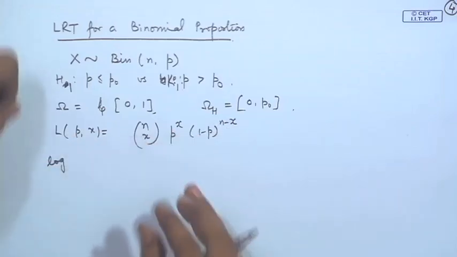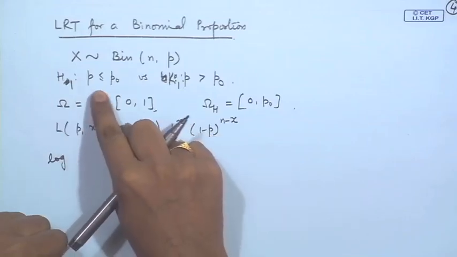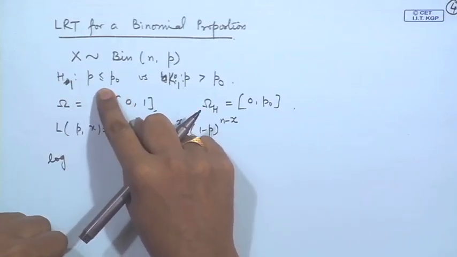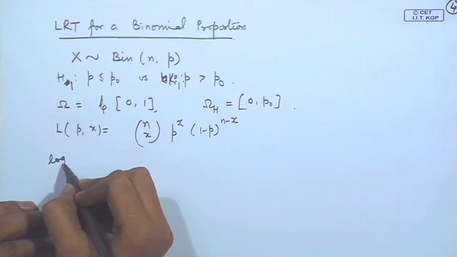We have actually discussed in detail the maximum likelihood estimator for this problem. So, derivative and putting equal to 0, all those things are the standard. However, when we consider the parameter space under the null hypothesis, then we have to see carefully.